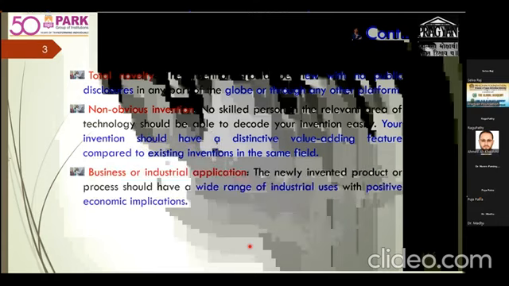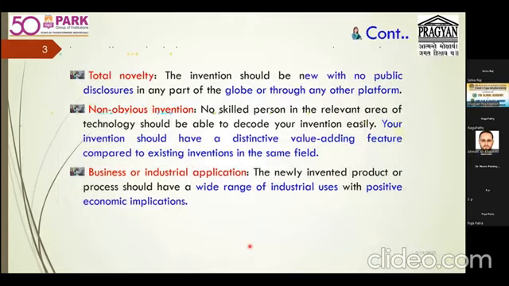And finally, as I said before, we can go for commercial use. For example, if I find something in terms of machines or some product, some accessories to be fitted into machines, it is an industrial application.